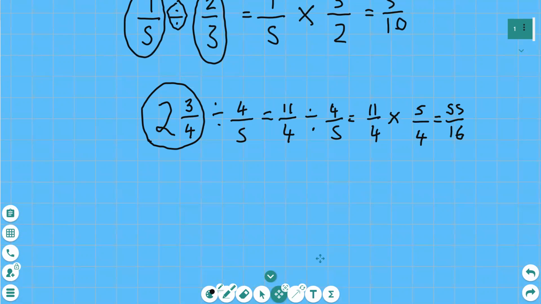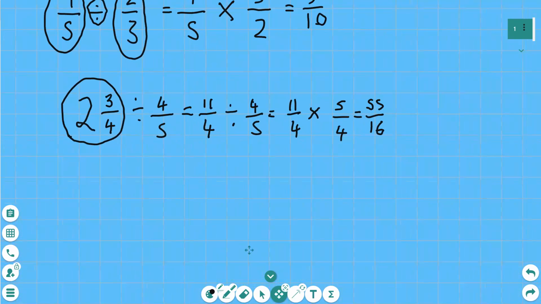Obviously we can't really simplify that. But as a mixed number, that works out as 3 7/16. You can work that out and check for me.